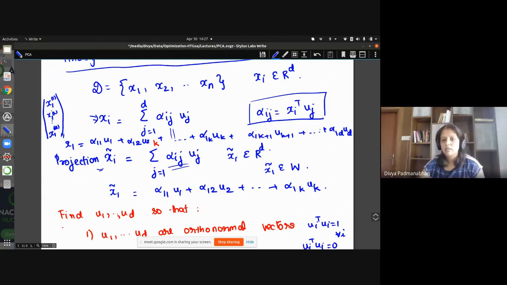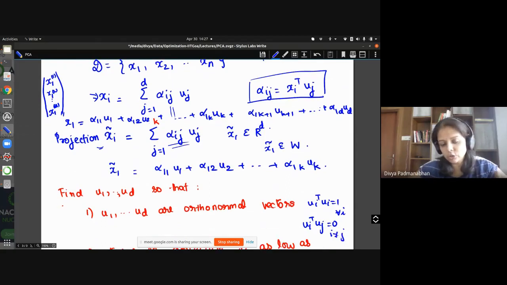What you have in terms of these x1 to xn still remains the same thing, but instead of writing it in terms of the standard basis, you're going to write it in terms of some other orthonormal basis.